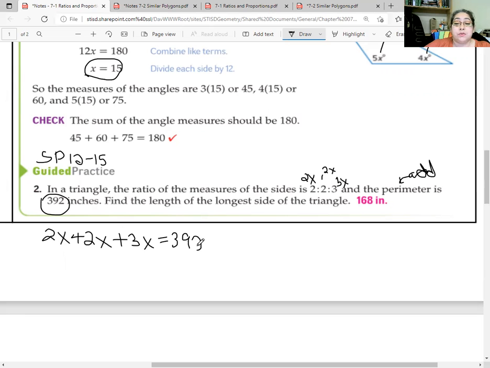And I solve this equation the same way I did the previous one. Add up all the x's, divide by the coefficient, and I think I end up with something like 50 something. I don't remember. This is 7. So 392 divided by 7.